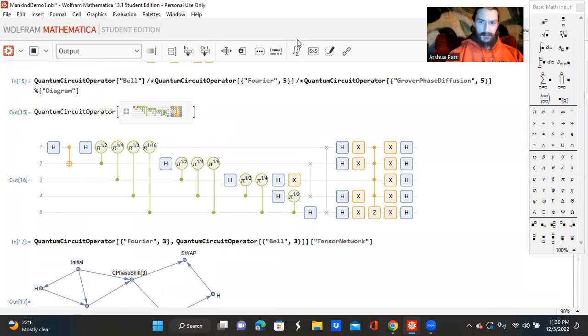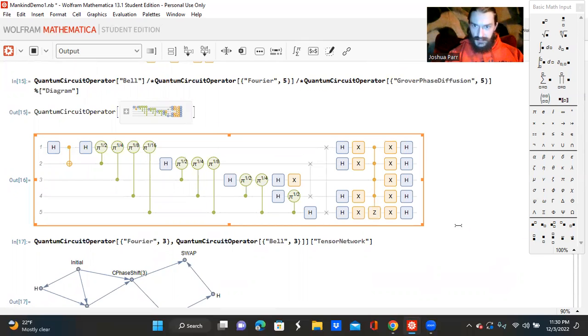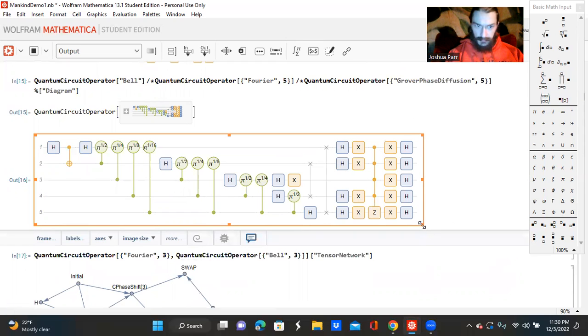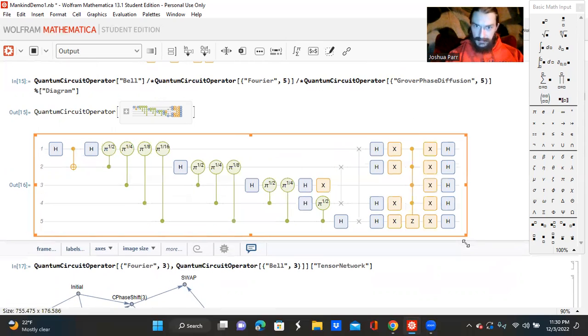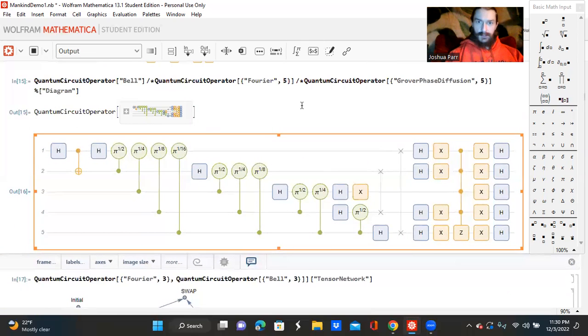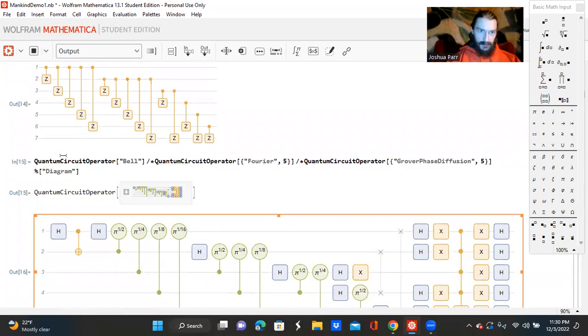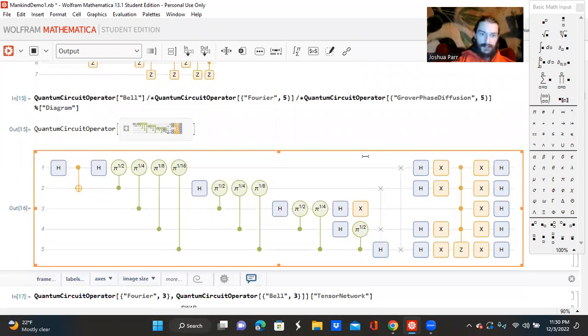Right here. Here's a good example of a circuit that I built up from nothing. I started out with quantum circuit operator Bell, times quantum circuit operator Fourier on 5, times quantum circuit operator, and I got a Grover phase diffusion at the end on 5 qubits as well.